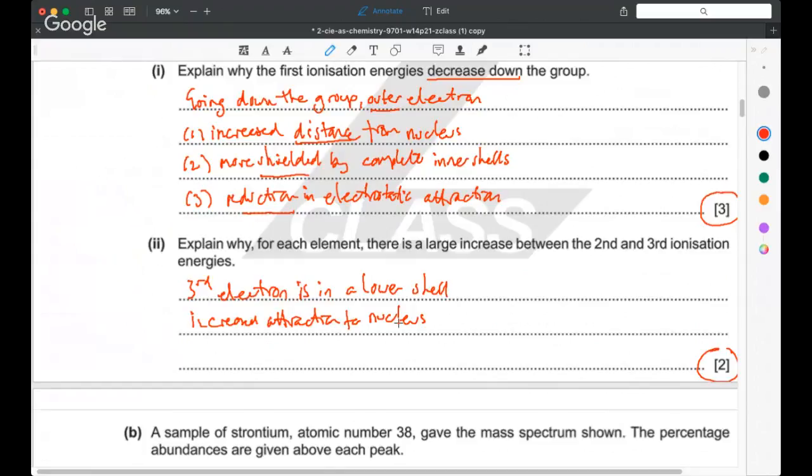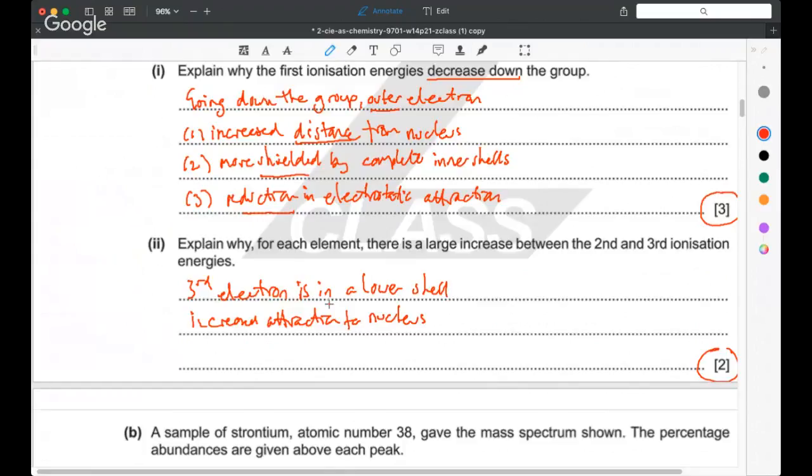That's the reason that this third ionization energy is much, much larger than the second, because the third electron compared to the second electron is in a lower shell. That lower shell is closer to the nucleus, and so there's an increased attraction for the nucleus by the third electron relative to the second electron.